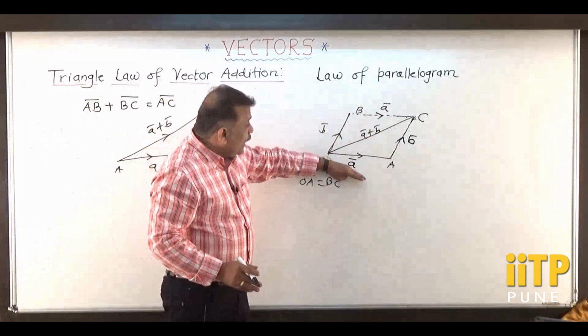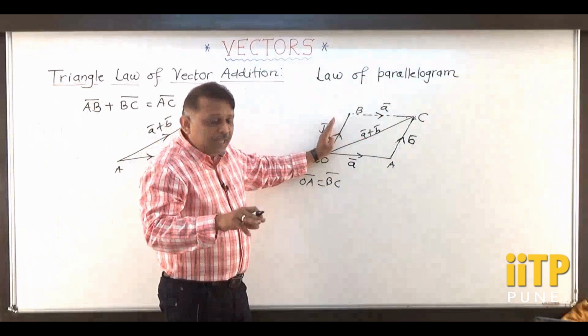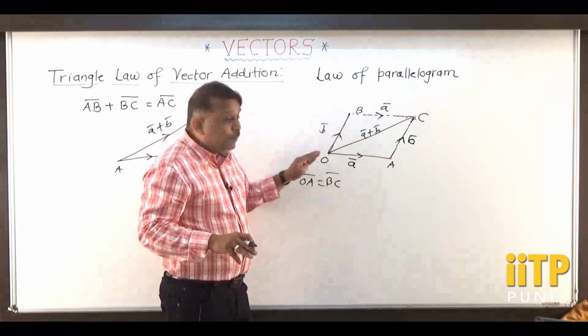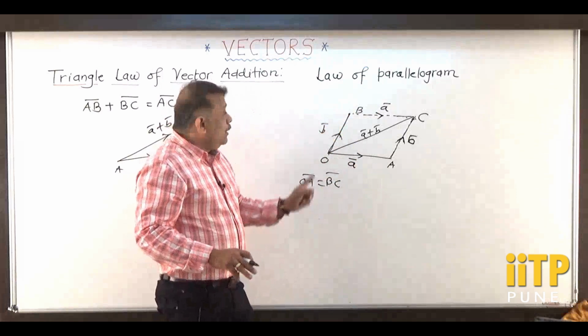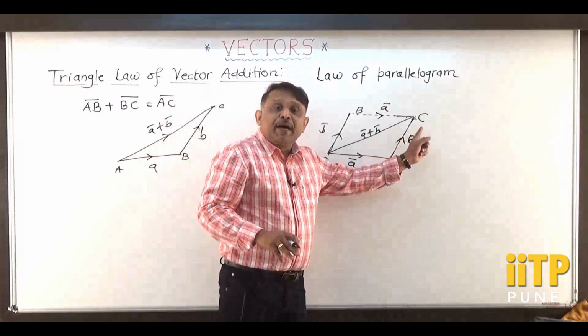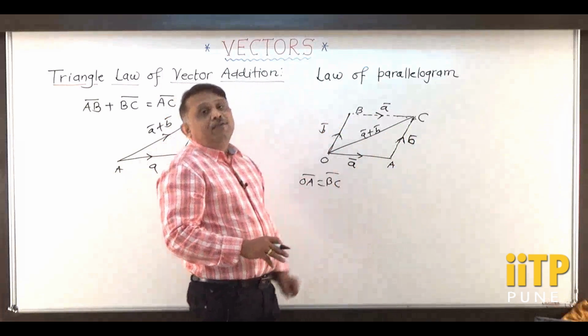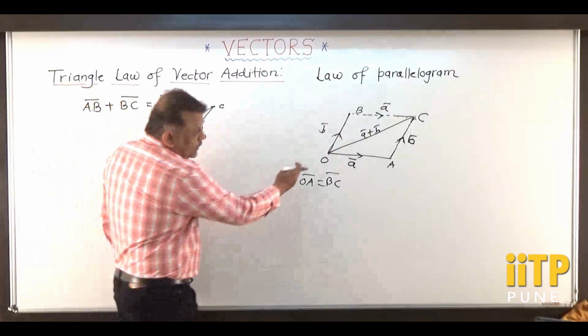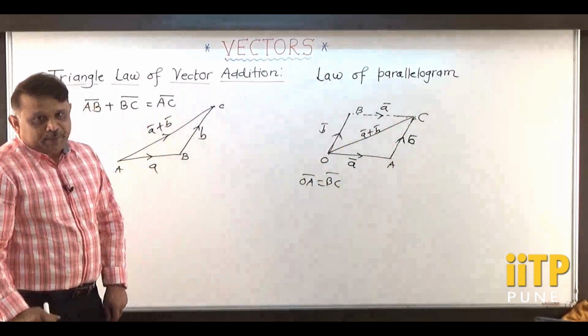So whenever A bar and B bar are represented by adjacent sides of a parallelogram, their addition A bar plus B bar is the vector represented by the diagonal through the origin, through this point of the parallelogram.